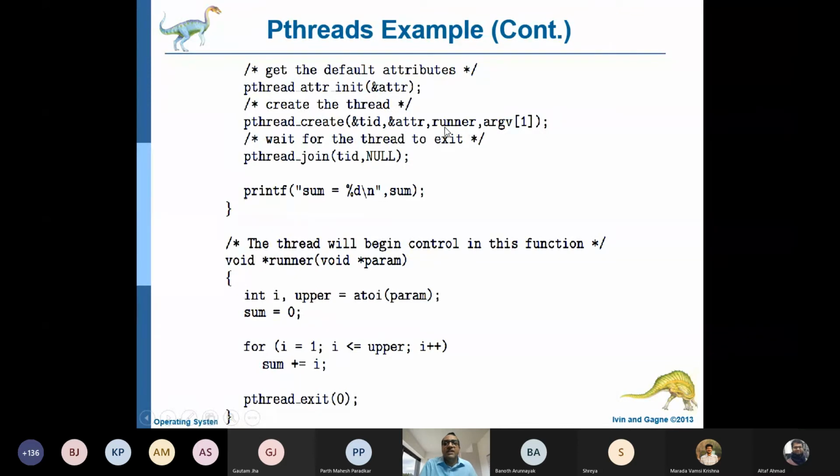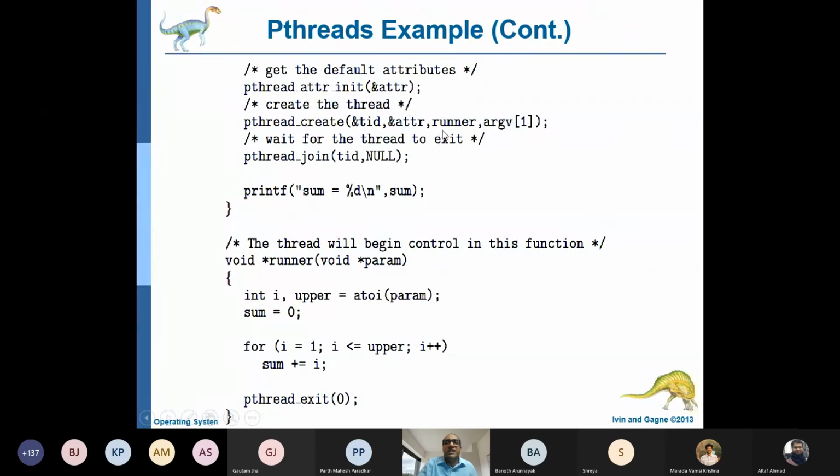And this runner is nothing but the address of the execution where the thread starts, because you have a process, and in that each thread will start from a particular instruction and run to a particular instruction. So this runner is a particular function in the main program, and now we are creating a thread to run this specific function.